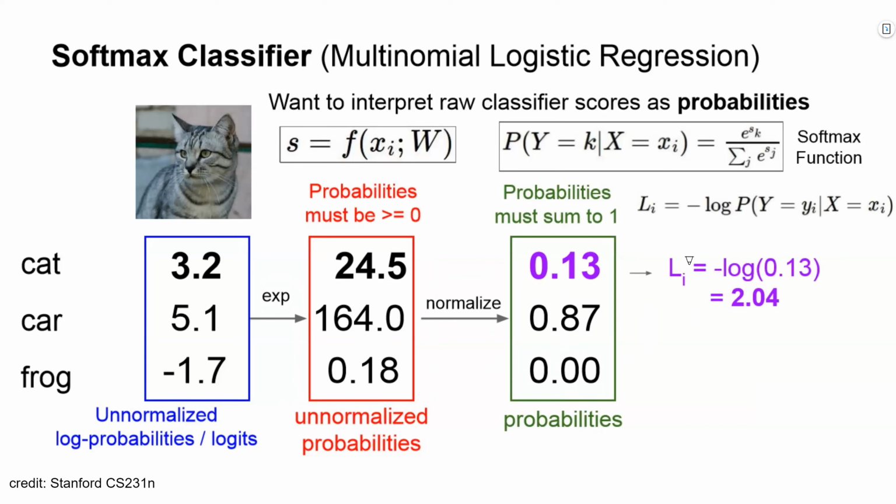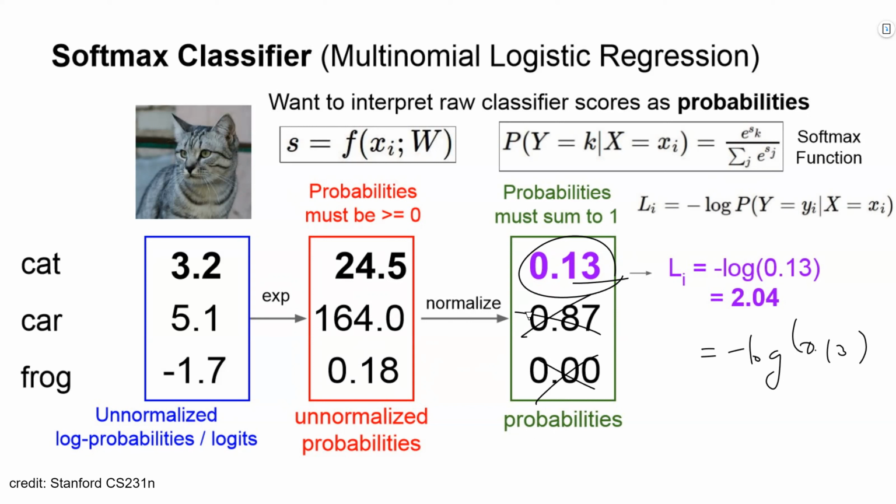And how do we calculate the loss with the softmax function? We do not care about other numbers. What we want to do is maximize the probability of the ground truth label. We take minus log of the probability of the ground truth class, which is 0.13. That's just what we do.